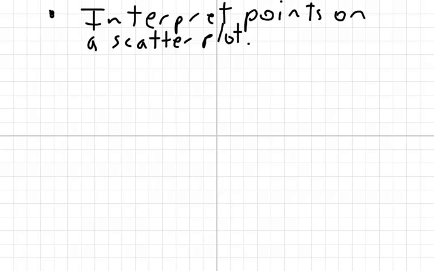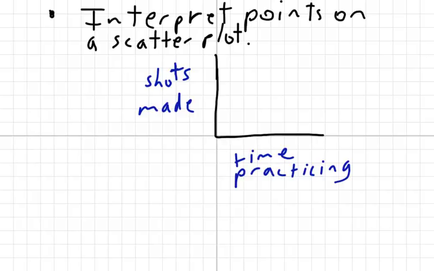All right, our last topic for today is to interpret points on a scatter plot. So if you have graph paper, you need to make just a simple sketch with me. So let's call the x-axis the time spent practicing, and then the y-axis can be the number of shots made. And now we're just going to plot a couple points here.